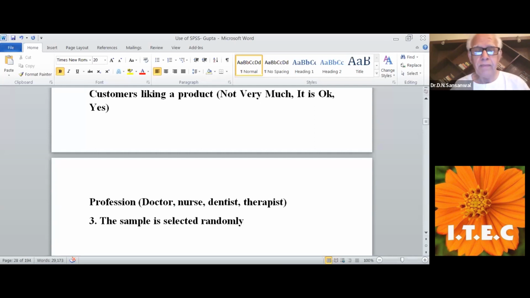The sample may be selected randomly, may or may not be, from the population.